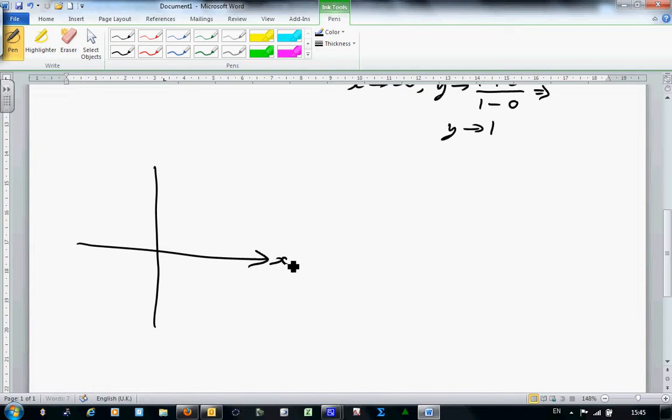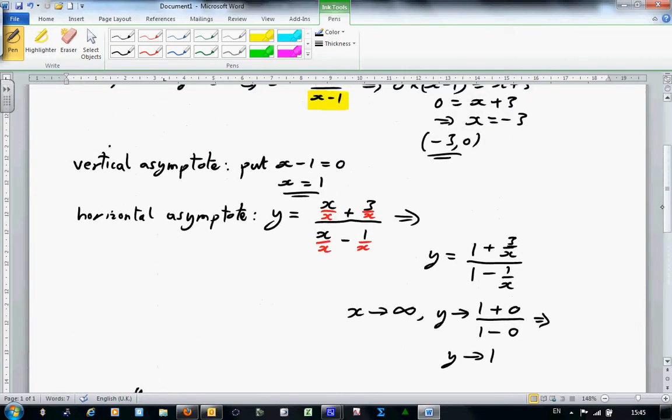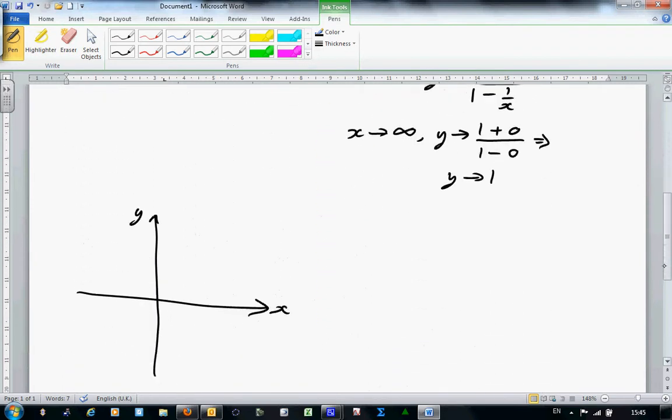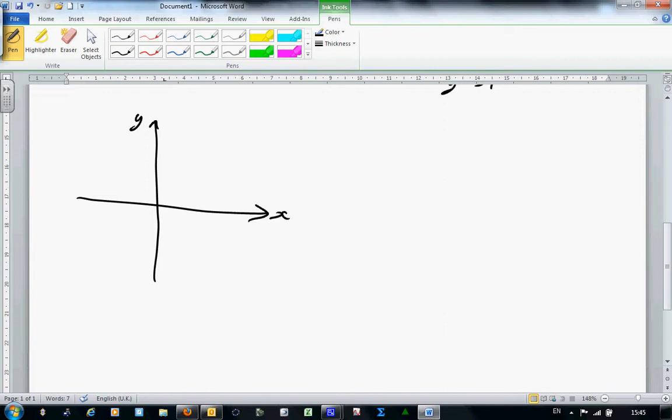So we've got 0, go down to negative 3, let's say that's about here, and we've also got (-3, 0), which is another point of intersection. We have two asymptotes this time. x equals 1 is our vertical asymptote, which will be around there somewhere.